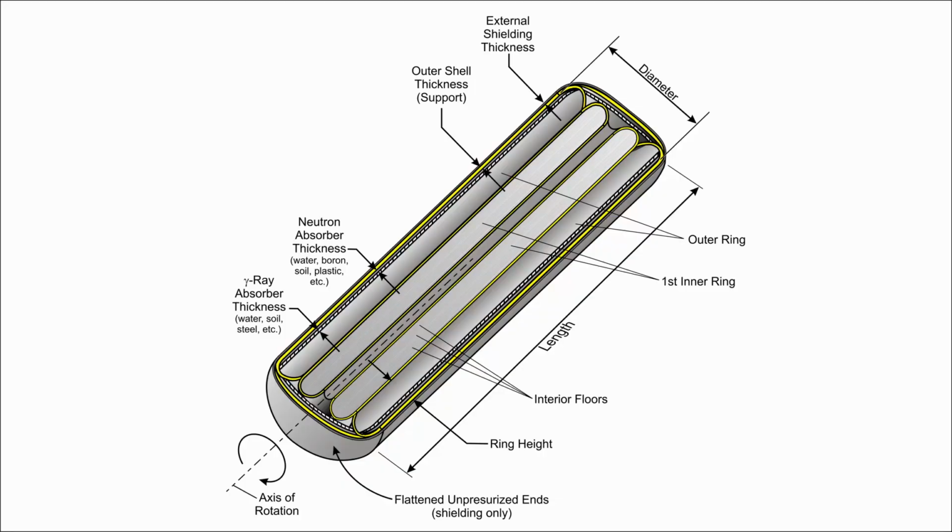So for the stations that I'm designing, I'm looking at a fairly thick portion of the outer hull being steel to block most of the cosmic radiation, and then having maybe soil and water on the inside to absorb neutrons and also reduce the amount of radiation coming in. Doing that, we can get quite a bit of radiation protection, almost the same as here on Earth.